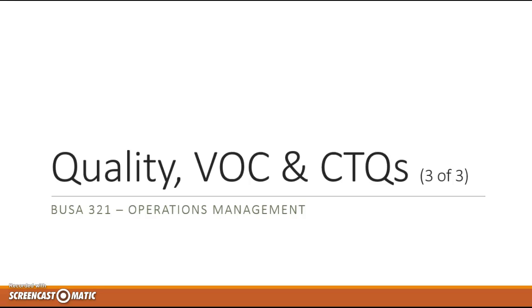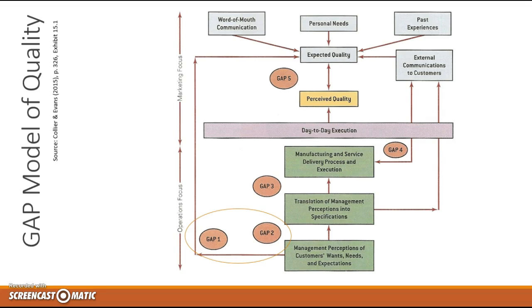This is our third and final video on quality VOC and CTQs. So you'll recall that when we were last together in video number 2, we were examining this gap model of quality and talking about how we reduce or eliminate these quality gaps, primarily between customers' expected quality and our interpretation of that quality, and then translating our interpretation into specifications.